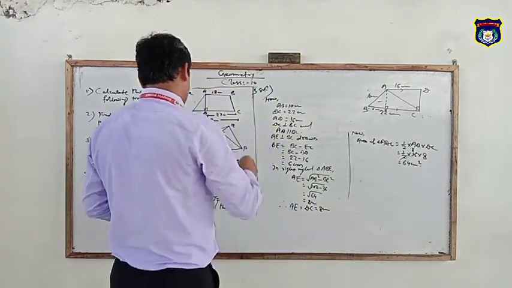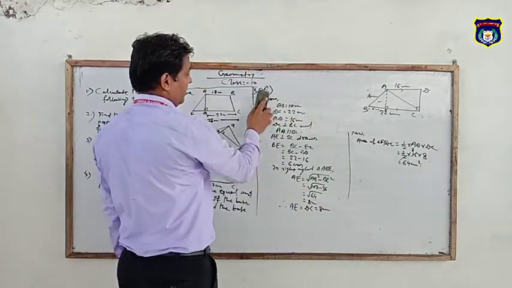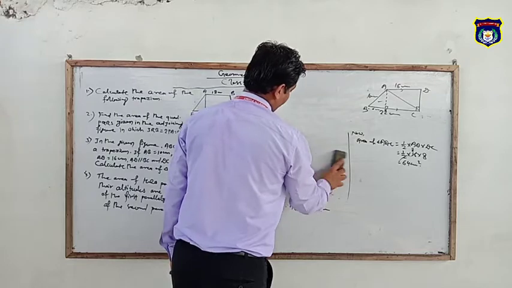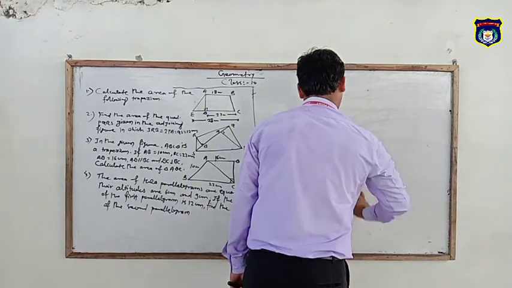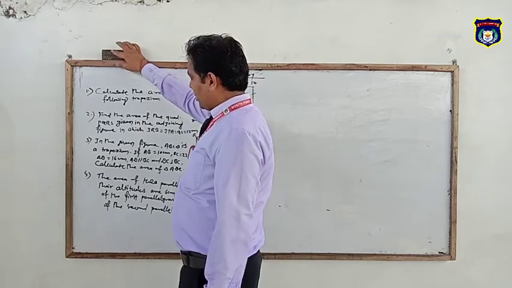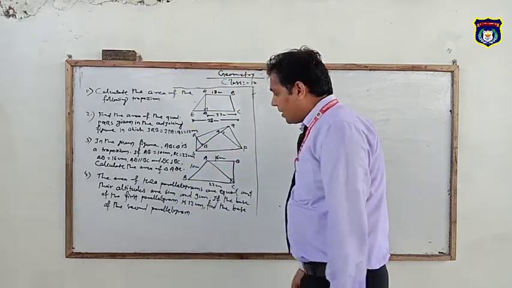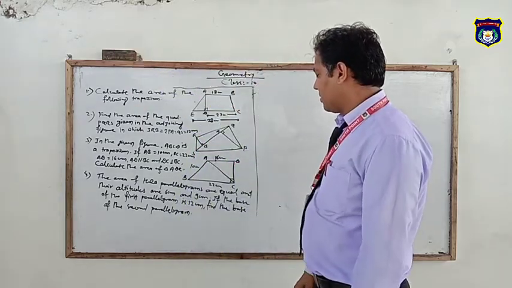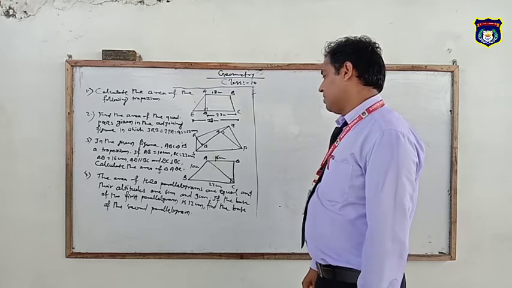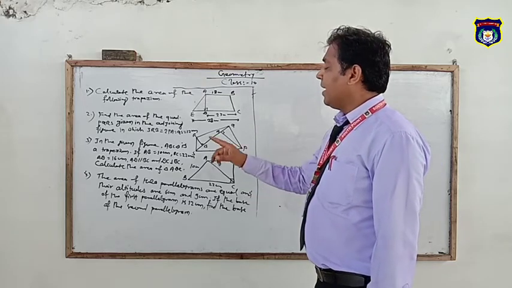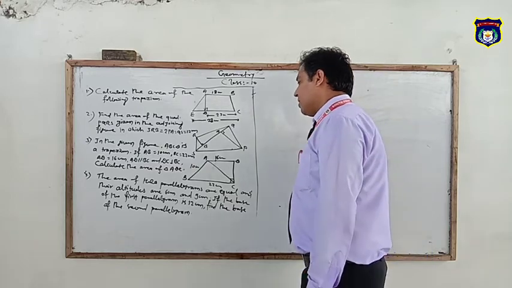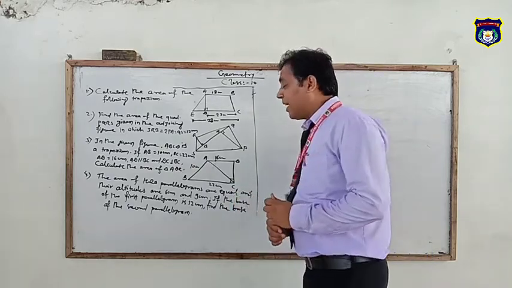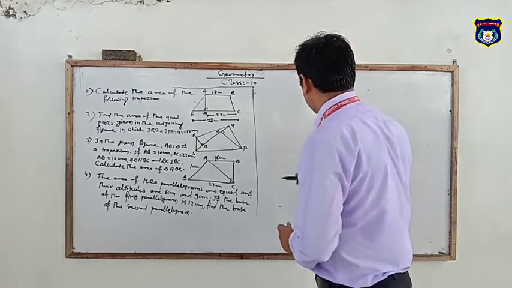Now we go to the last question, question 4. In this question, the areas of two parallelograms are equal and their altitudes are 6 cm and 9 cm. So we can draw two different figures of parallelograms.